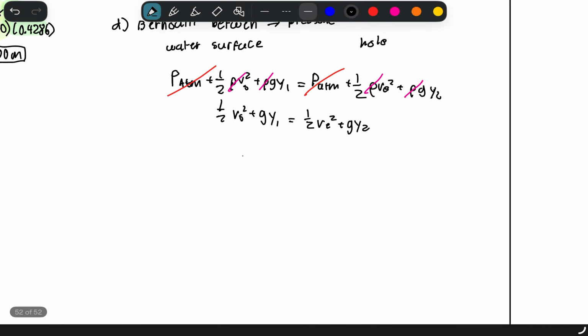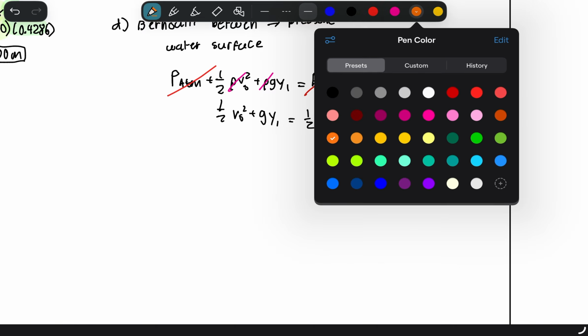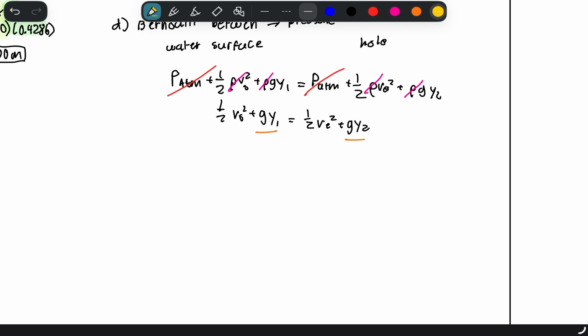Now we need to get the height difference. So we're going to get these terms, and then we're also going to get these terms. So we're going to have our g times y1 minus y2. And then on this side, we're going to have our 1/2 times ve squared minus vs squared.